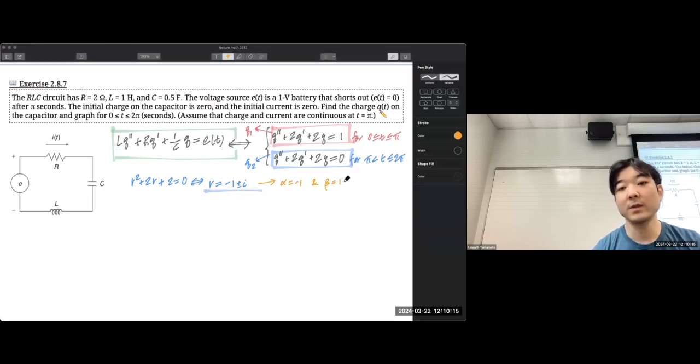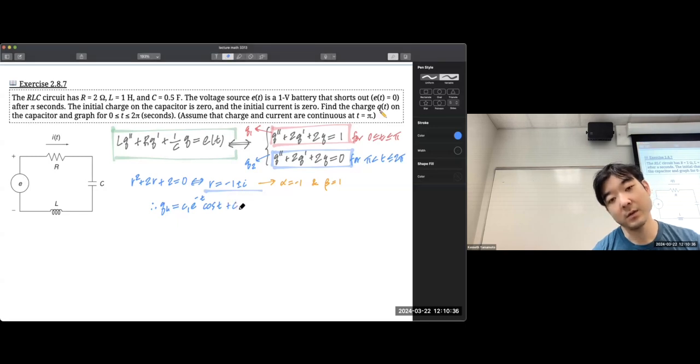And we're going to write the homogeneous solution. So this gives us our Q_H is equal to C1 e to the -t, because that's the alpha, cosine of beta t, beta being 1, plus C2 e to the -t sine of t.